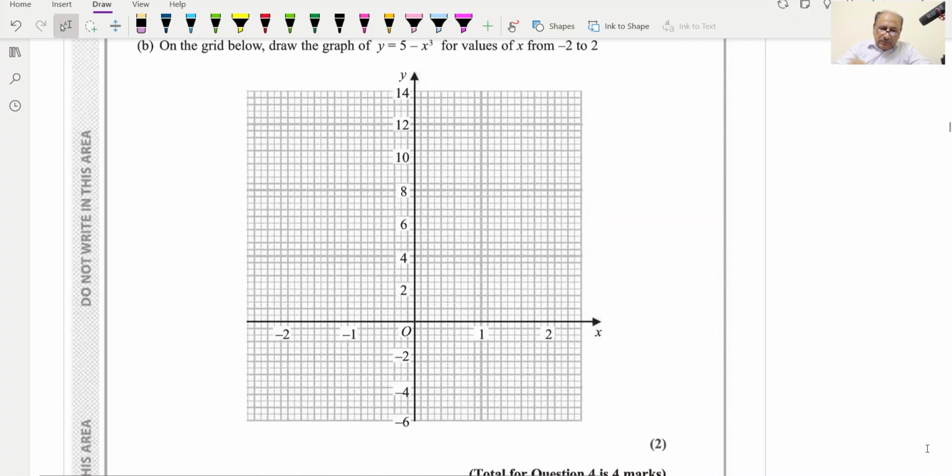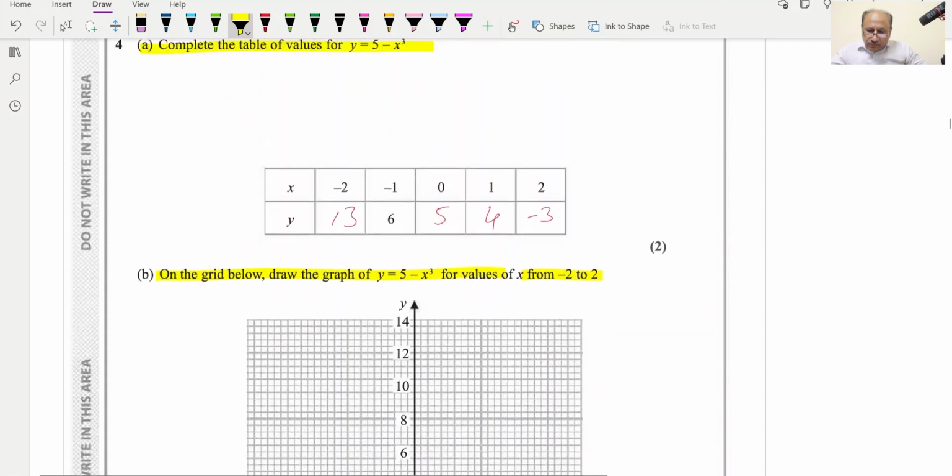And now on the grid below, draw the graph of y is equal to 5 minus x cubed for values of x from minus 2 to 2. So we will be checking for these values.